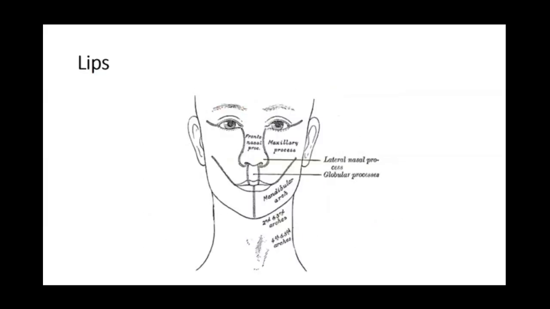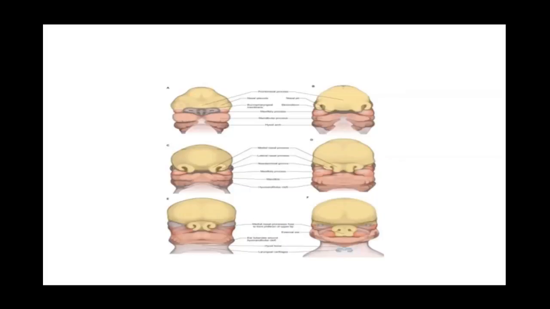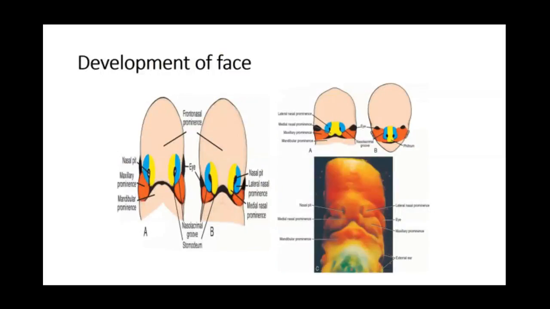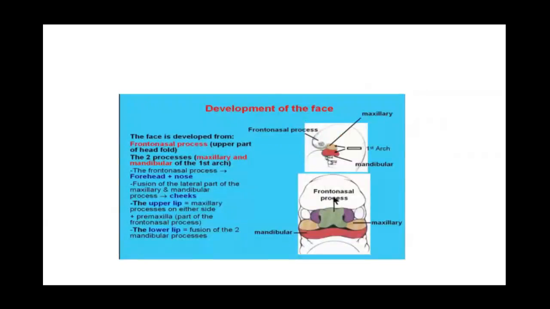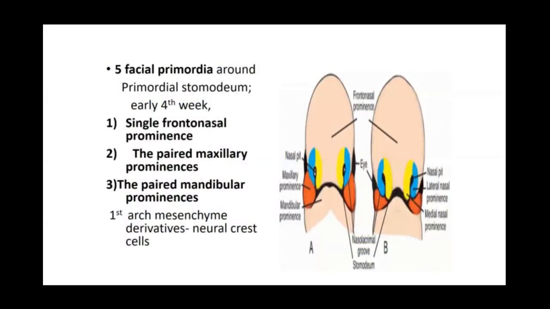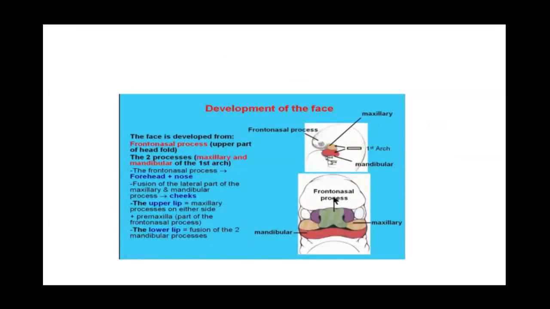So if we recollect the different phases, these are the different positions showing how the face is developing, the 5 primordia which are arising. The face develops from the frontonasal process, the upper part of the forehead fold, and the 2 processes, maxillary and mandibular, of the first arch.